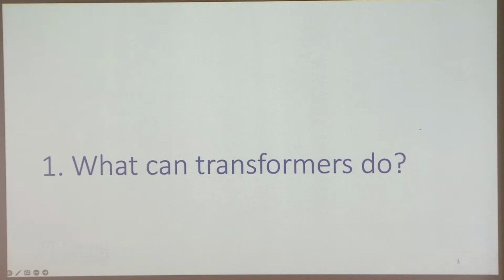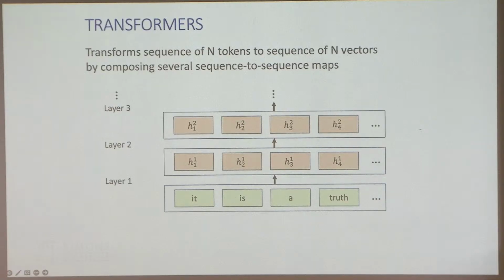Just to remind you from part one, what the transformer does. We're thinking about a sequence-to-sequence mapping, where you map a sequence of tokens or words into a sequence of vectors, and the hope is that the sequence of vectors at the end somehow captures some semantic information about the sequence of tokens.